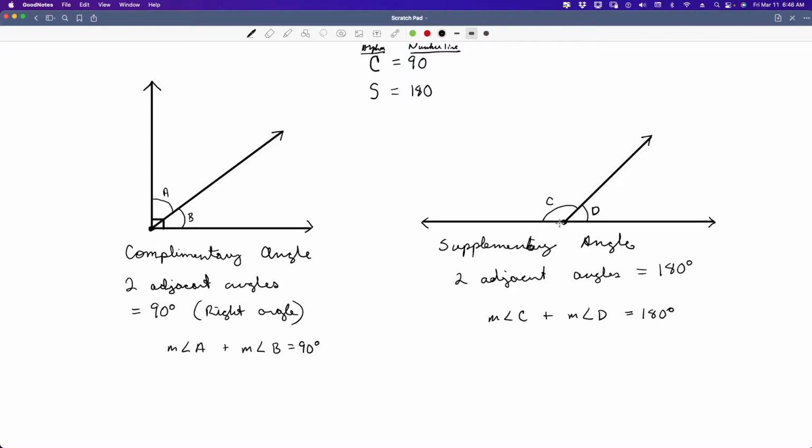And then if you look at this very closely, you'll see that it's just double a right angle, right? So a supplementary angle is just two complementary angles that have been combined. So you have 90 and 90, that's 180. Okay?